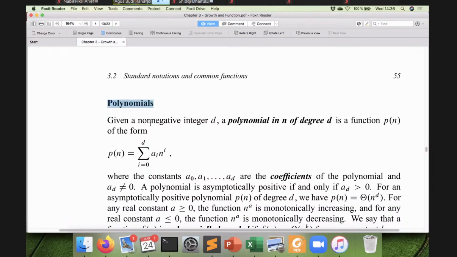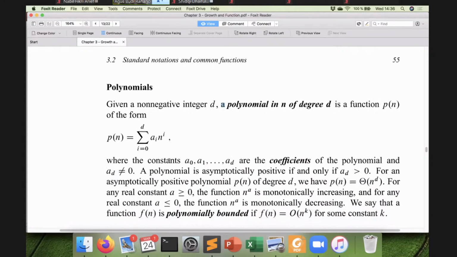So polynomial: given a non-negative integer d, a polynomial in n of degree d is a function P(n) of the form something like this. Sorry, this is not a variable. So starting from 0, it's more like something.